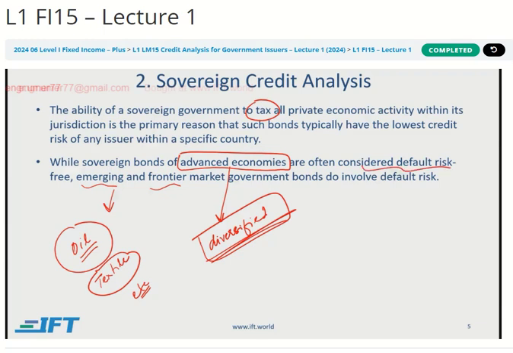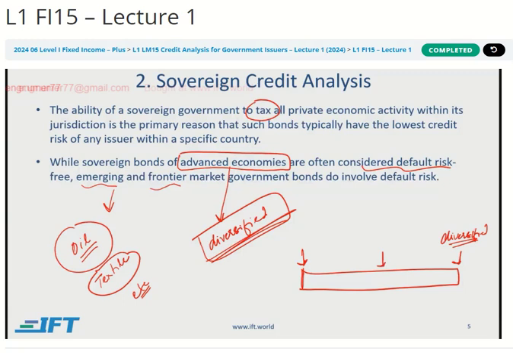And this is not just so simple. There are, of course, other factors that we need to consider. But at a high level, I just want to help you develop your mental map of what we're looking at. You can think of it in terms of a continuum where on this extreme we have completely diversified mature economies, and they will be considered default free. And then we have very weak economies.